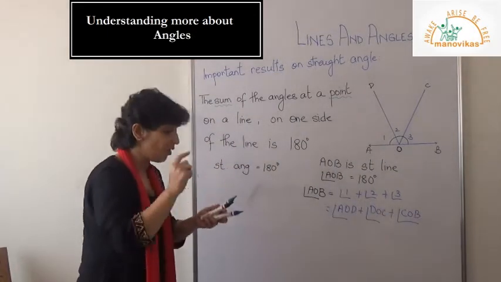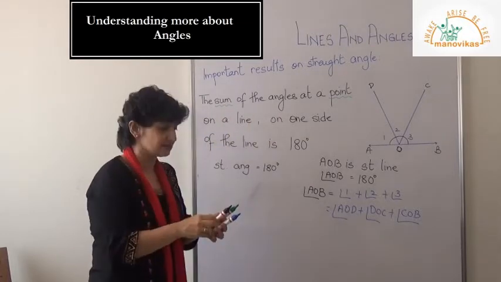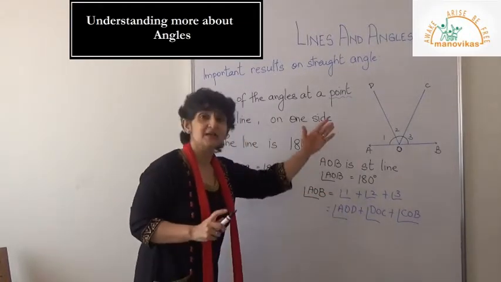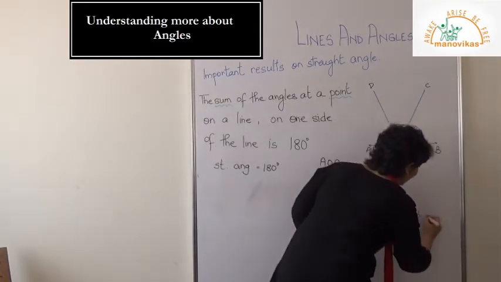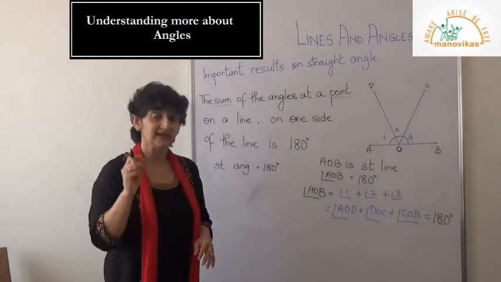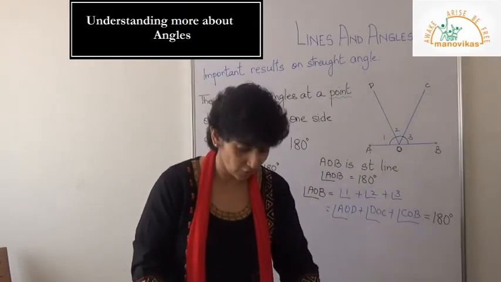That means all these three angles, when I add the sum of the angles, so when I add angle AOD plus DOC plus COB, all these three angles should be equal to 180 degrees. Clear? Let's move on to the next topic.